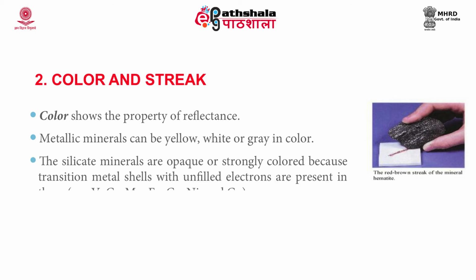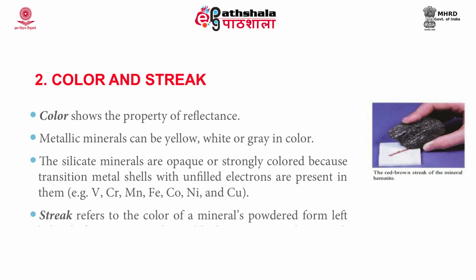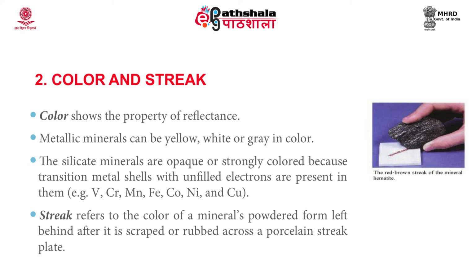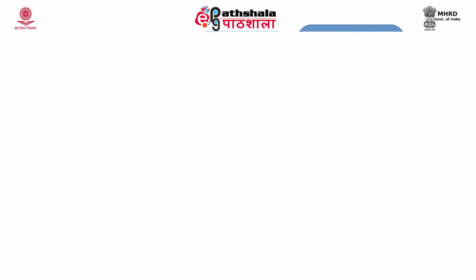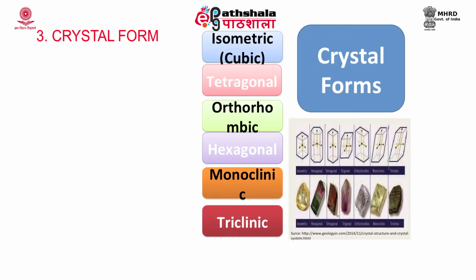The silicate minerals are opaque or strongly colored because transition metal shells with unfilled electrons are present in them. Example: vanadium, chromium, manganese, iron, cobalt, nickel and copper. Streak refers to the color of a mineral's powdered form left behind after it is scraped or rubbed across a porcelain streak plate.